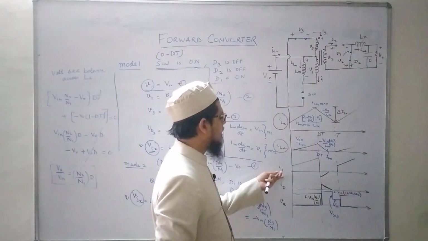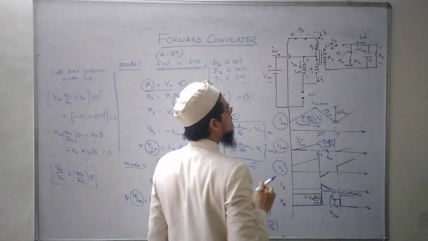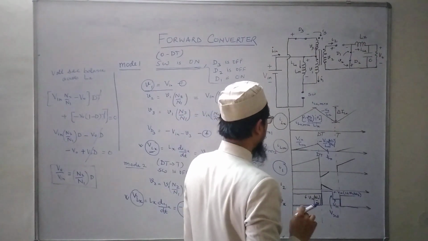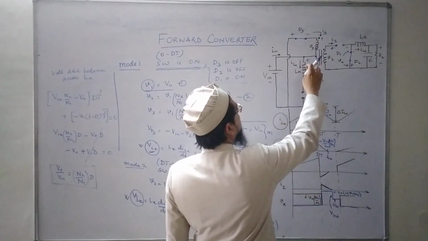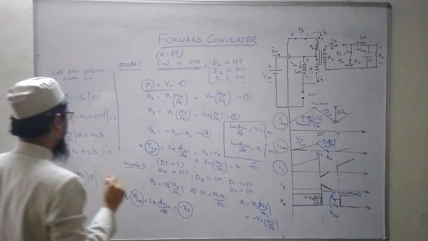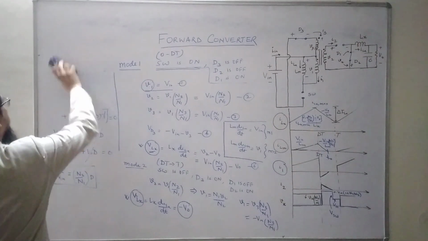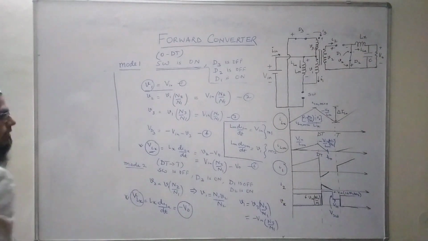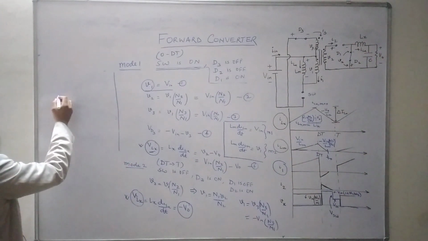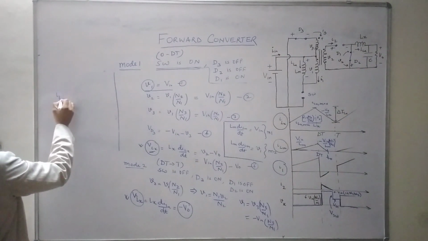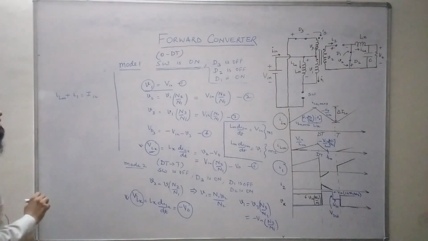Similarly, I have shown the current I1. I1 is the current that is flowing in the primary of the high frequency transformer. When the switch is conducting, ILM plus I1 is equal to I in, the input current.